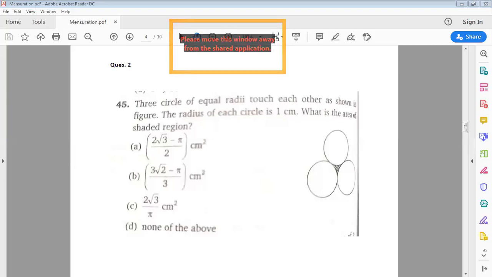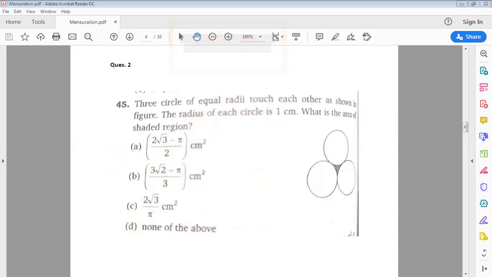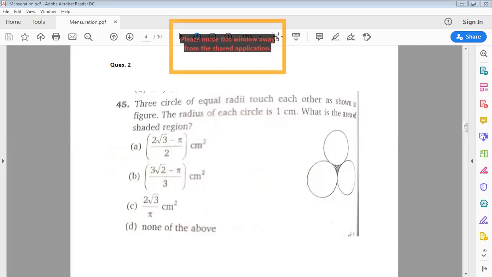You have 1 minute to read this question. You can also solve this question on your textbooks. If any of you gets the answer, you can type the answer in the chat.